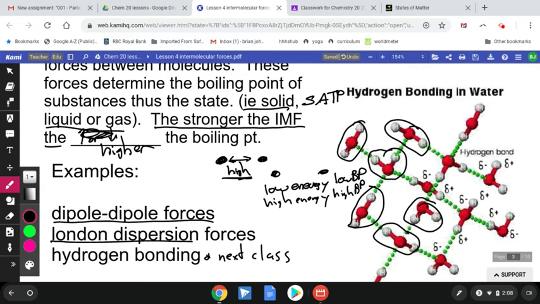The negative pole of the water is attracted to the positive of this. The positive of this is attracted to the negative. So every negative pole is attracted to the positive pole of the neighboring molecule, creating this pretty strong intermolecular force that we call hydrogen bonding when it's in water.